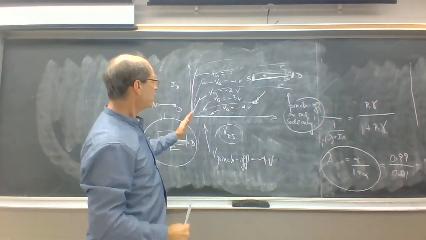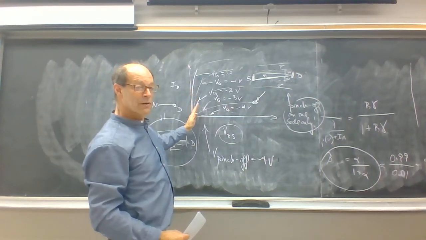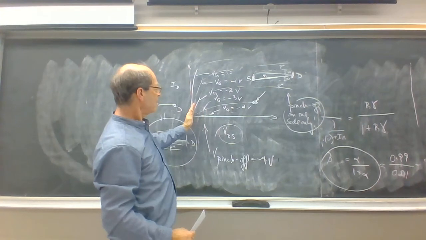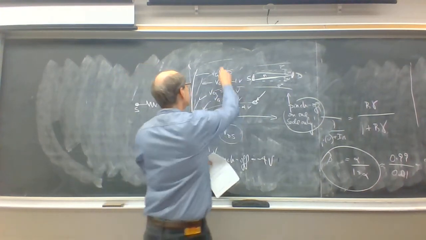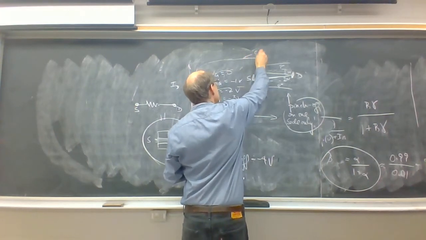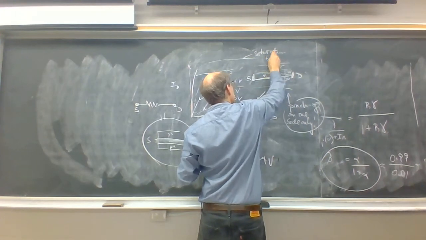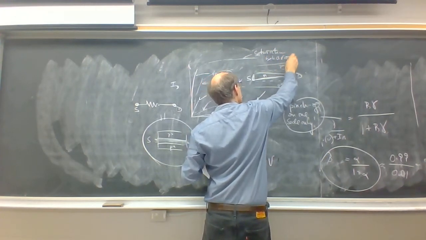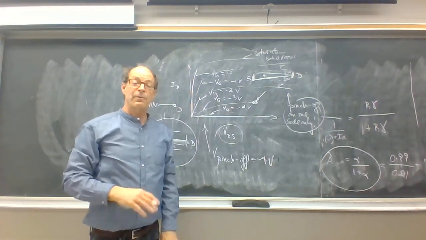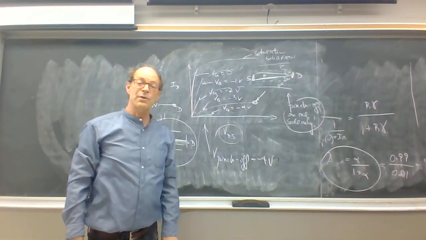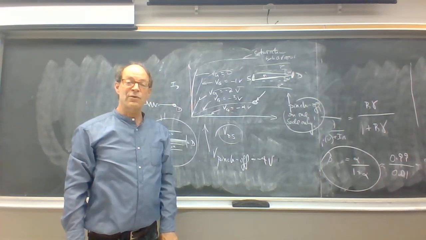And when pinch-off occurs, the linear relationship which we established for low values of VDS becomes nonlinear, and you start having what's called saturation. And in saturation, the current between the drain and the source no longer depends on the voltage across the drain and source.